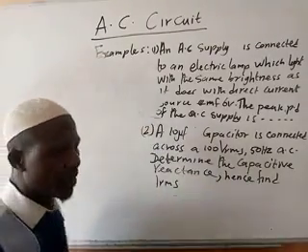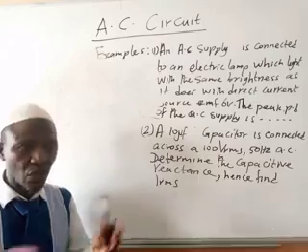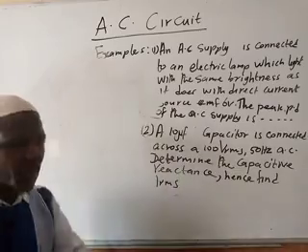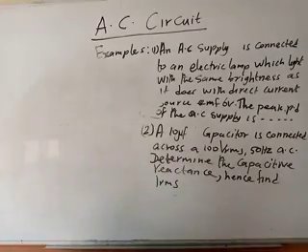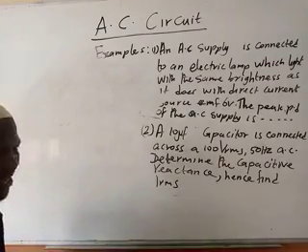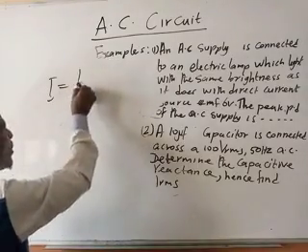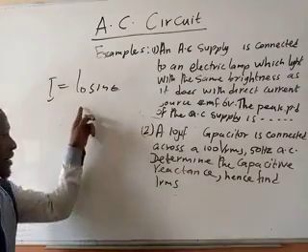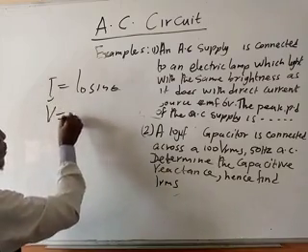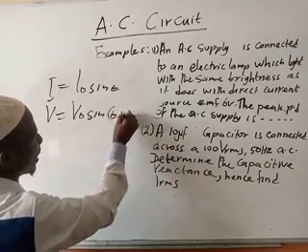But in a circuit that contains an inductor, because the inductor will delay current, the inductor acts like a store of current. In that case, the current will lag, the voltage will lead current by 90 degrees. So in the case of an inductor in the circuit, if I is equal to I naught sine theta, and don't forget, in the case of an inductor, voltage will lead, so now V is equal to V naught sine open bracket theta plus 90.